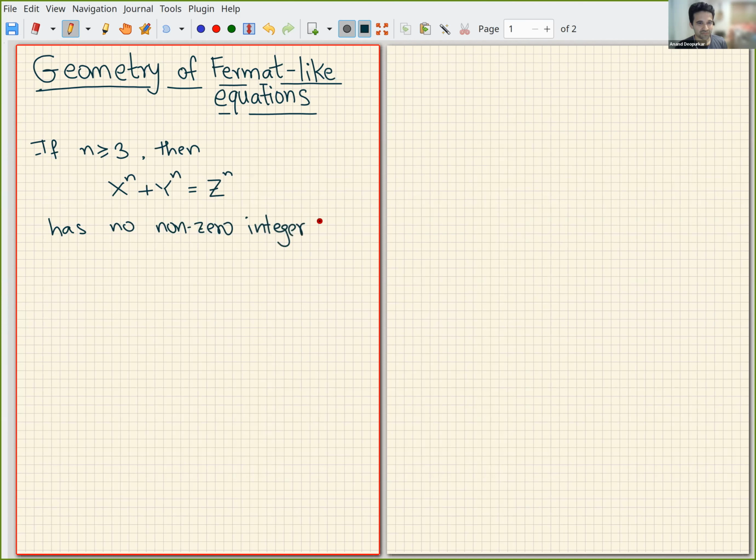This is the famous Fermat's last theorem. And as I said, I don't know how to prove this, but maybe you do, or maybe you will by the end of this year or this semester.